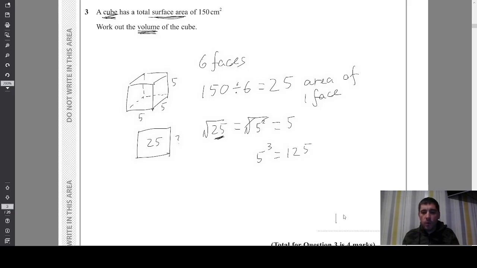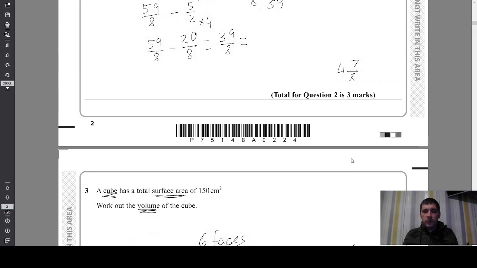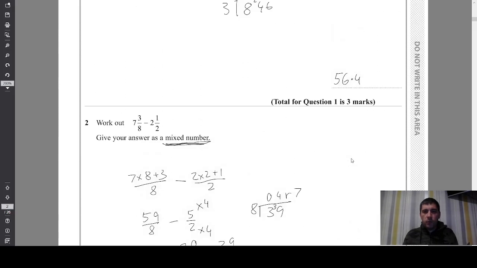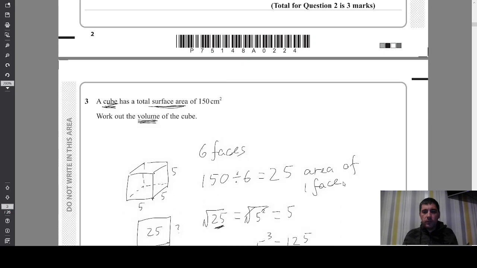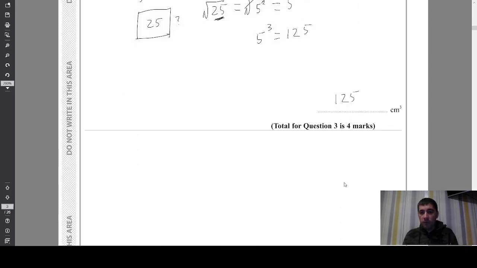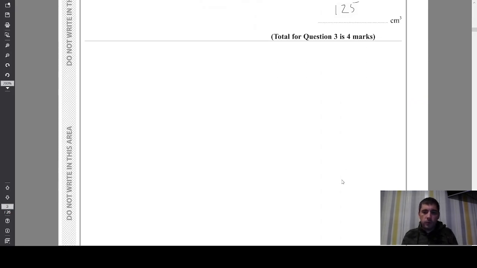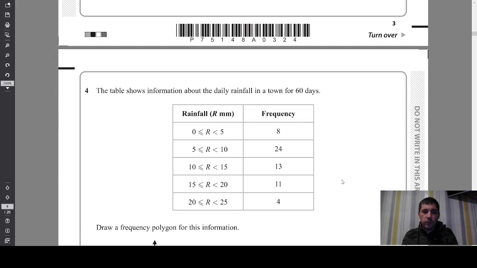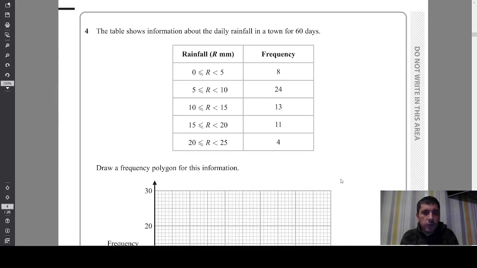Okay, 125 centimeters cubed, which pretty much, let's double check how many marks we've got. So we've got 3, 6, oh, now we've got 10 marks, so altogether it's only 10 more marks to be on the safe side. So let's check what's the next question.